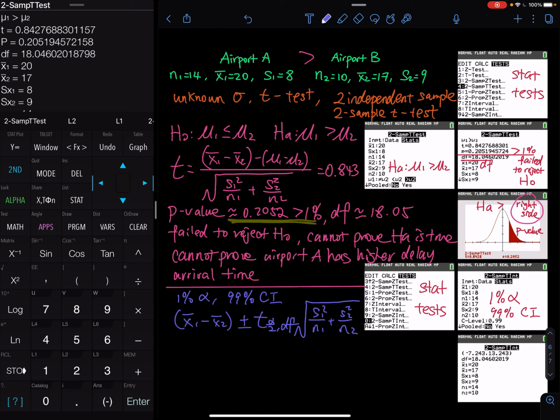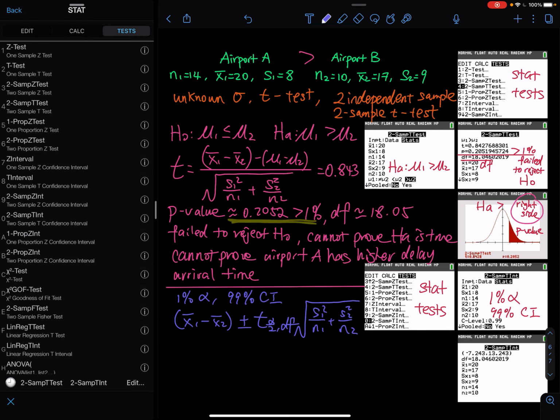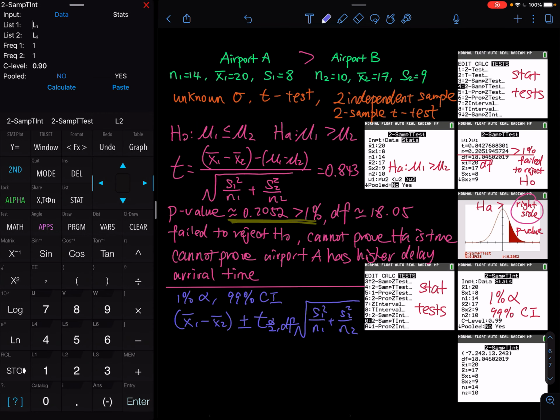So we have to go to stat, and then we go to 2-sample t interval, with stats. If you're using your TI-84, you don't have to change any numbers. But the calculator I'm using right now is not exactly a TI-84, so I have to make some changes here. x1 bar is 20, S1 is 8, and N1 is 14.